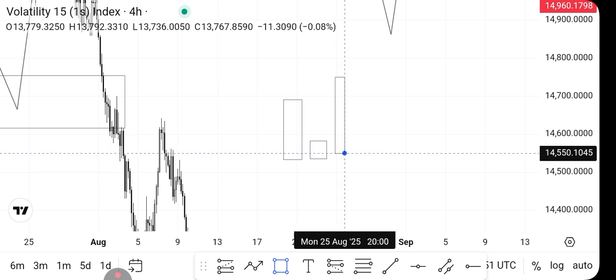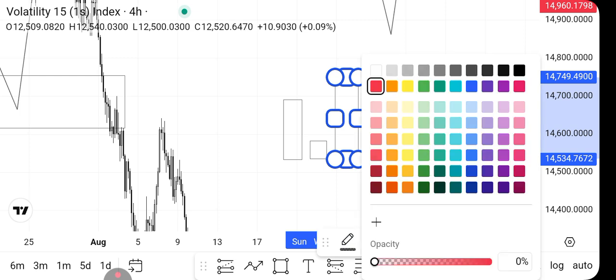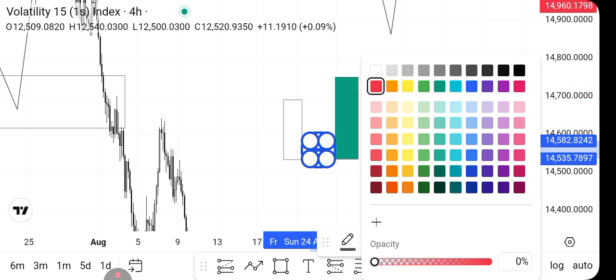This is how you have it. So the bearish candle is always bigger. It should not be the other way around.